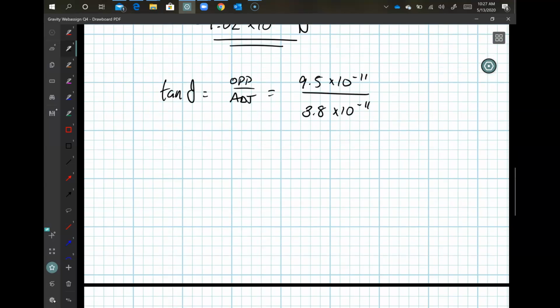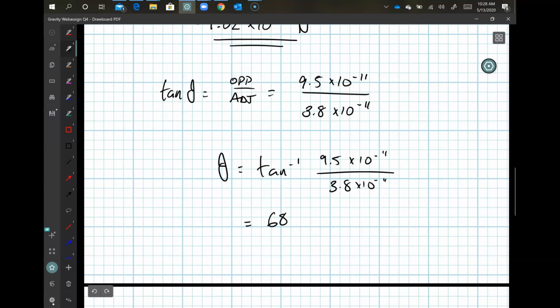So theta must be the inverse tangent of that number. And that works out to be 68.2 degrees. All right, that's it.